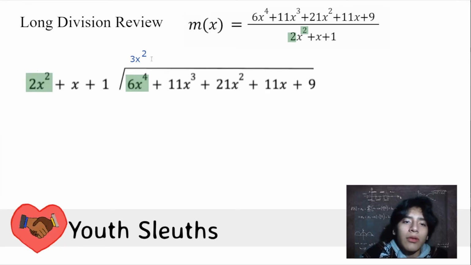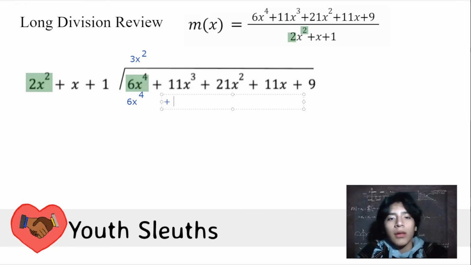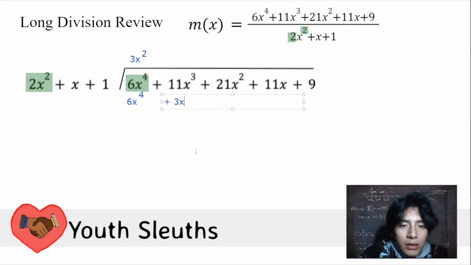And now I'm going to distribute this to my divisor. It leaves me with 6x to the 4th plus 3x cubed plus 3x squared.